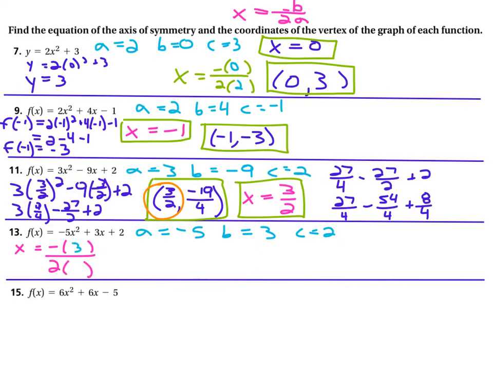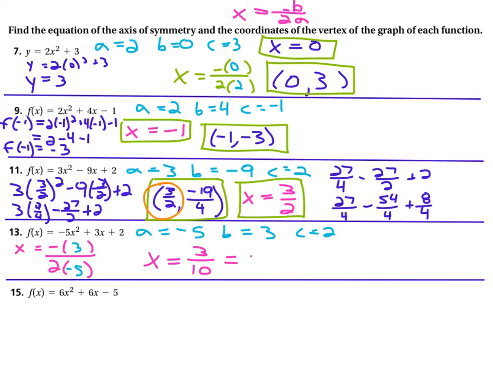And b is 3, a is negative 5. So what we've got then is x equals negative 3 over negative 10, or simply 3 over 10, for number 13.